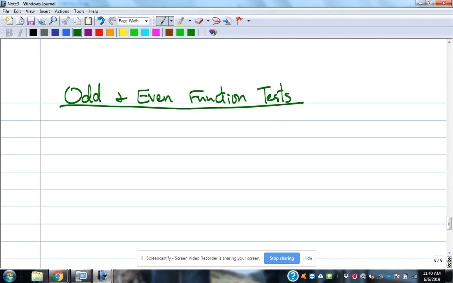All right, so the test is very much the same as your symmetry test. You're going to plug in negative x for x. Simplify.